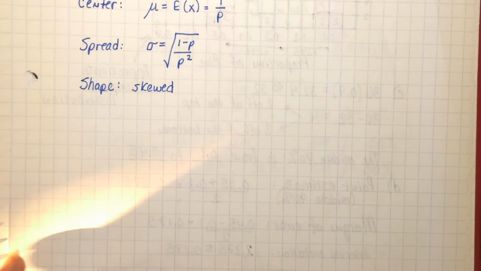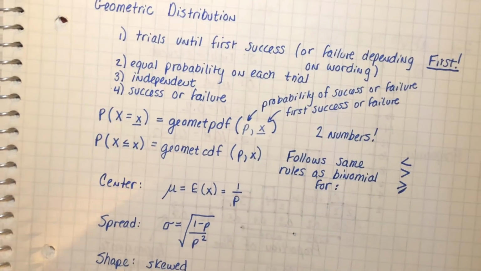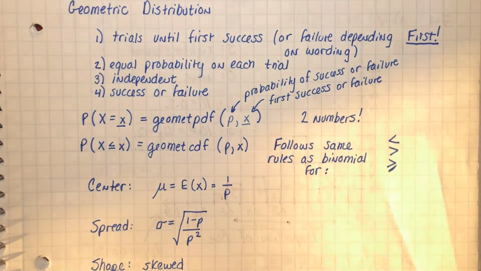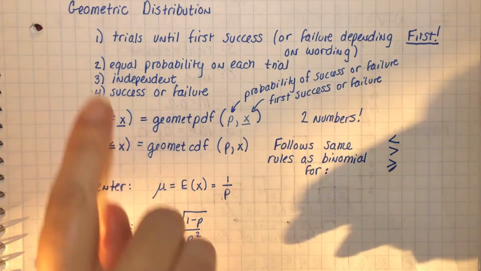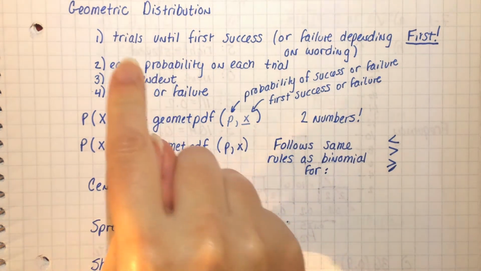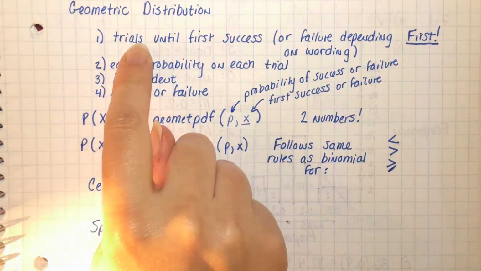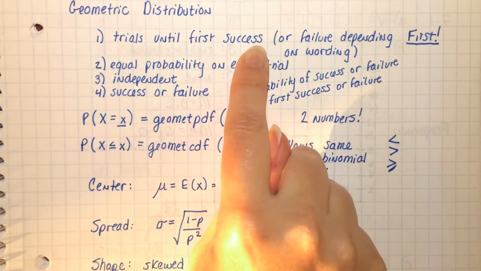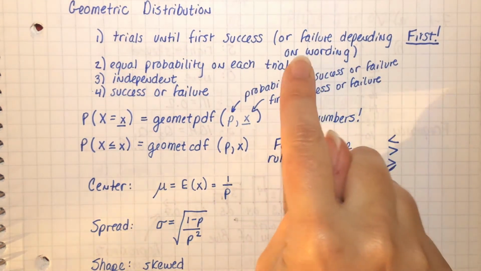Okay. And our last topic, which was Thursday, is geometric distribution. There are 4 requirements again, and there's not a fixed number of trials. You're looking for trials until your first success or failure, depending on the wording.